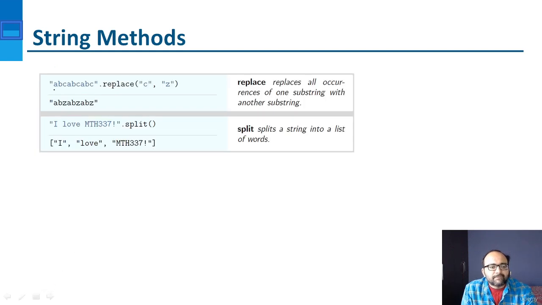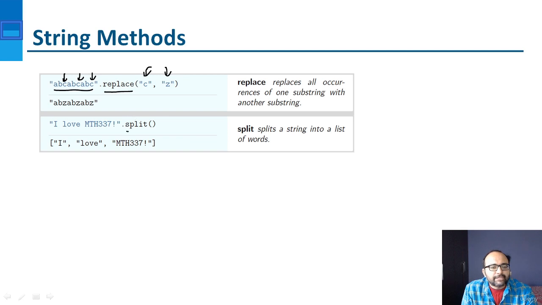And next, this is a string name dot replace. Character C will now be replaced with Z. This is about replace method.